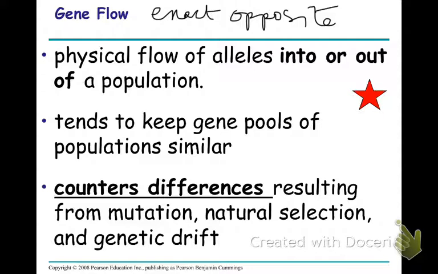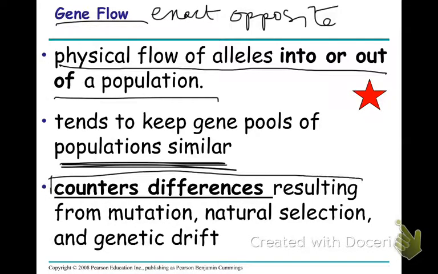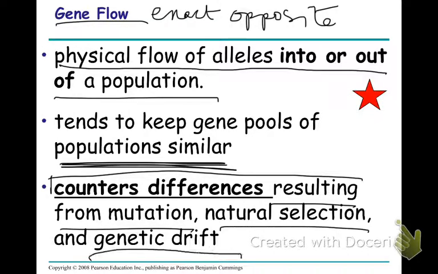So it's basically like a blend that's possible. So gene flow basically means the physical flowing of alleles into or out of the population. This tends to keep the populations similar. It counters the differences that would result from mutations, natural selection, and genetic drift. Okay.